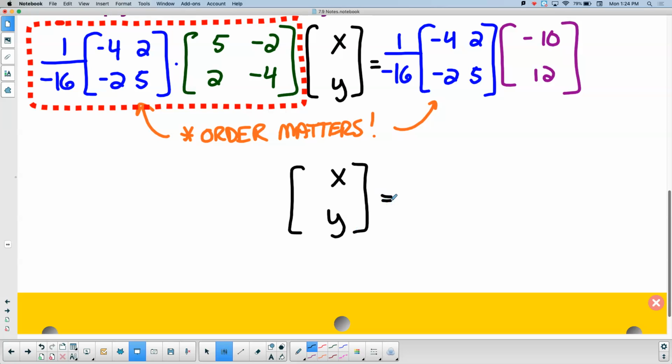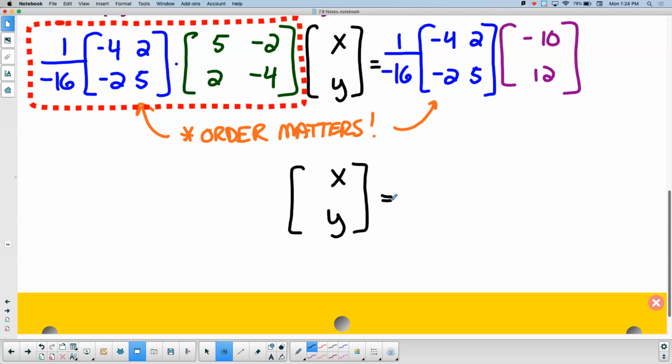Now, on the other side, can I do that multiplication? Can I do that multiplication was the question. Do the dimensions line up? 2 by 2, 2 by 1? Okay, so we can do it. That's key, because if we couldn't do it, I don't care if I can distribute in that or not.